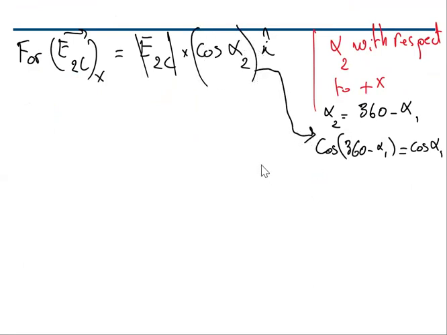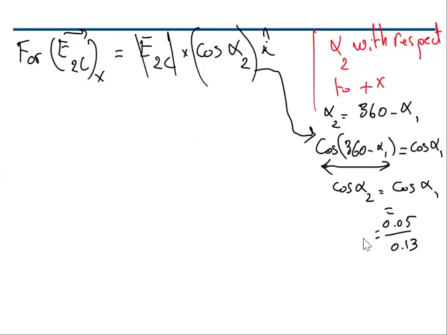Cosine alpha 2 is equal to cosine alpha 1, which we said is 0.05 divided by 0.13. Why did we do all of this? Because we are talking about another vector with an angle alpha 2, and alpha 2 is 360 minus alpha 1. Okay, let's go through the calculation.